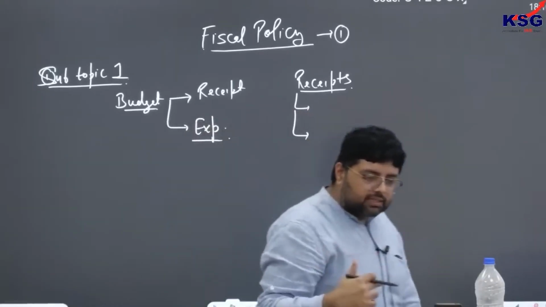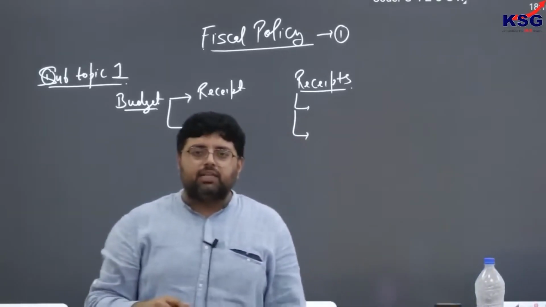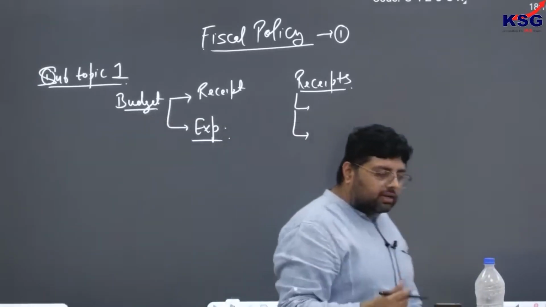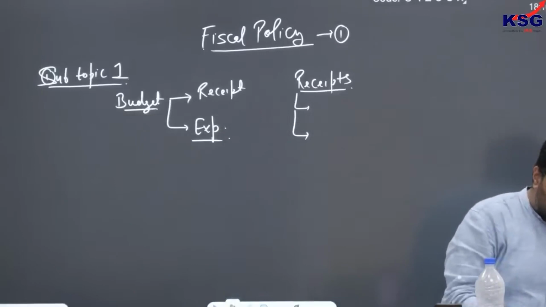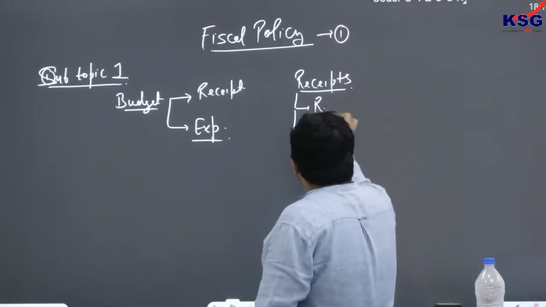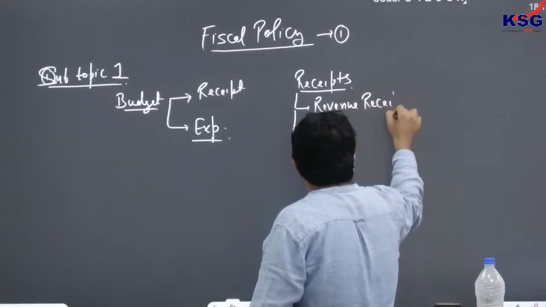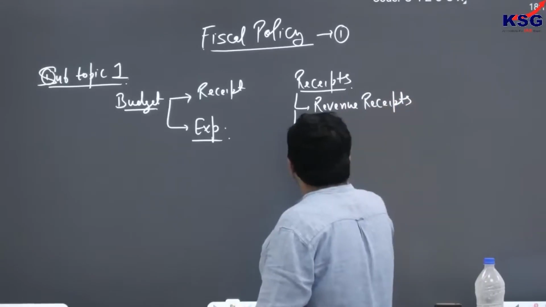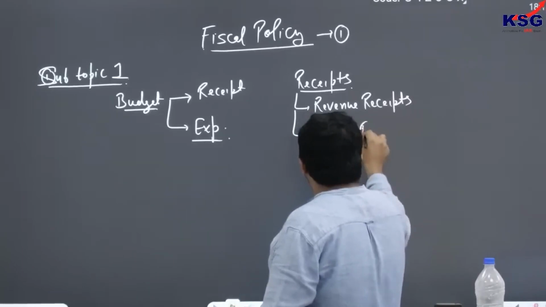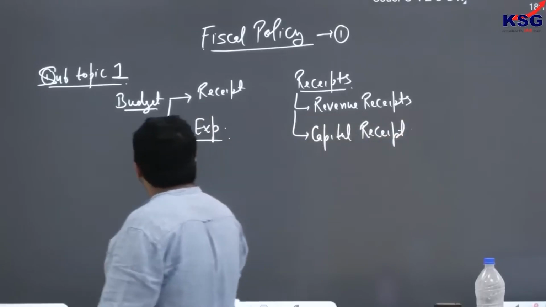In my class when I teach, I correct them. But as Indians we are allowed to make a mistake also. Ultimately in receipts there are two components, revenue receipt and capital receipt. So this you must know.